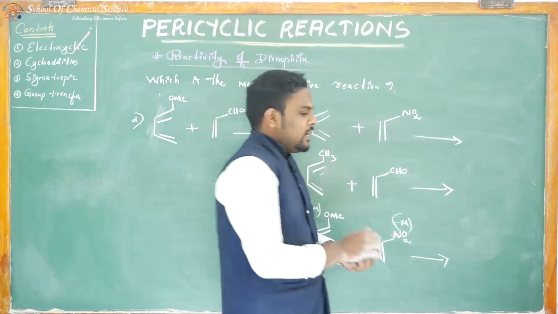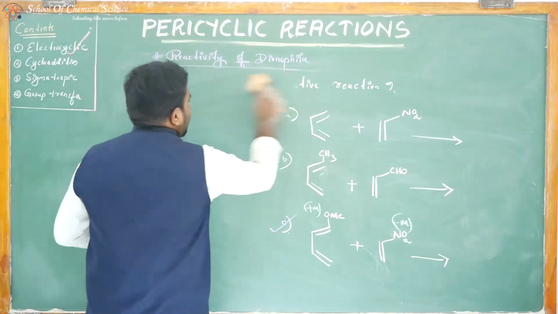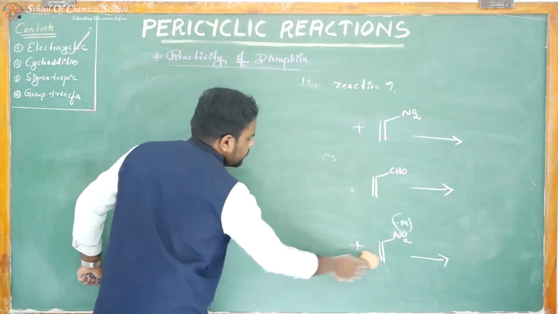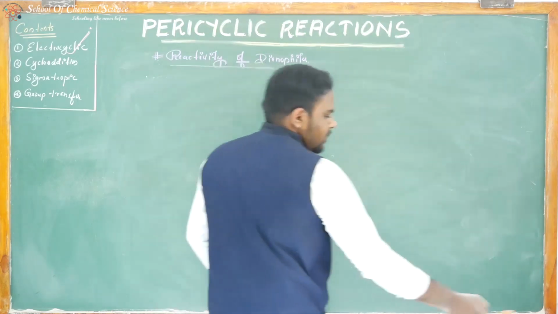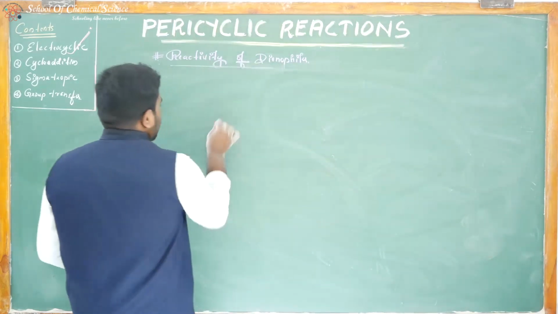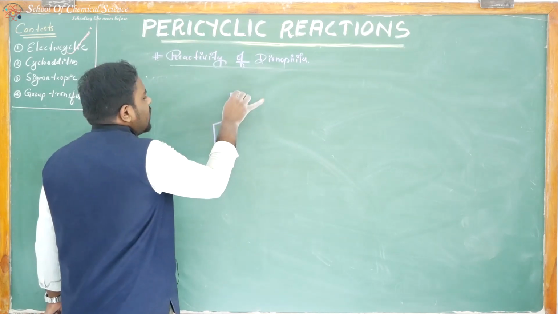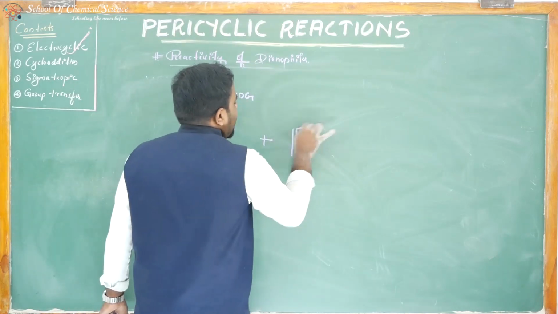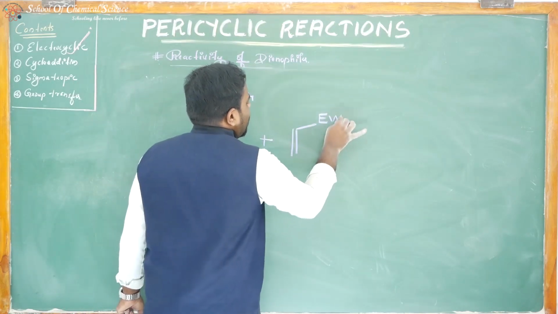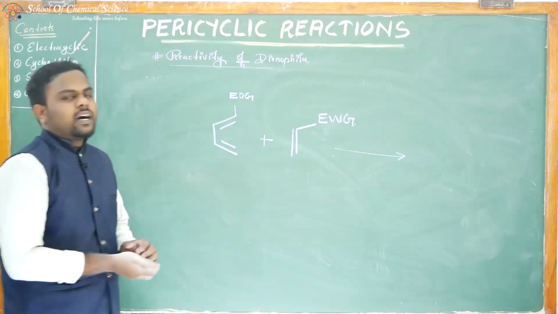In general, we can summarize: if your diene has an electron donating group, preferably in the first position, plus your dienophile has an electron withdrawing group, then that reaction will be a very fast reaction.